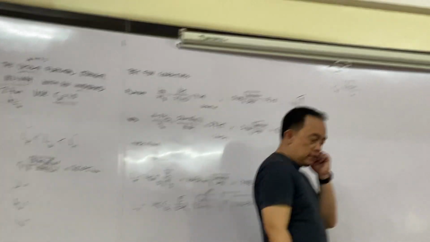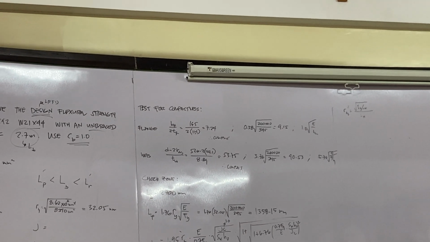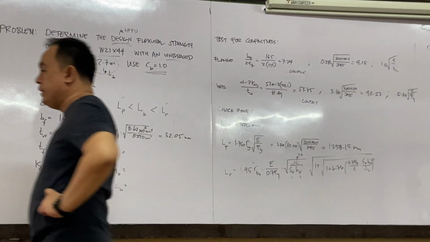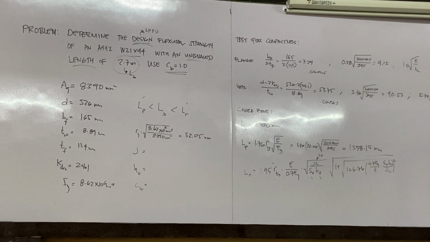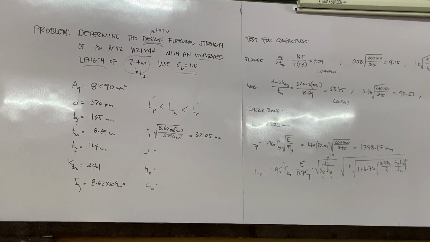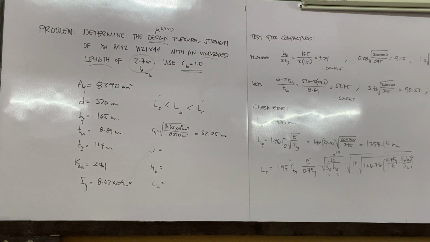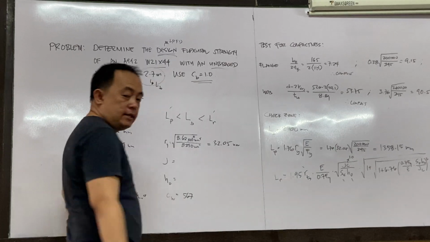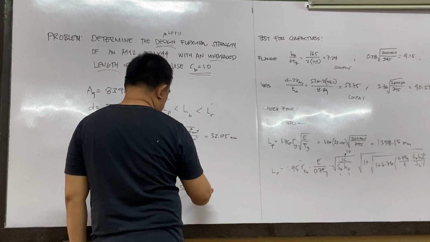That's also a constant. Okay, so do we need CW? CW of W21 by 44 is times 10 to the power of 9.